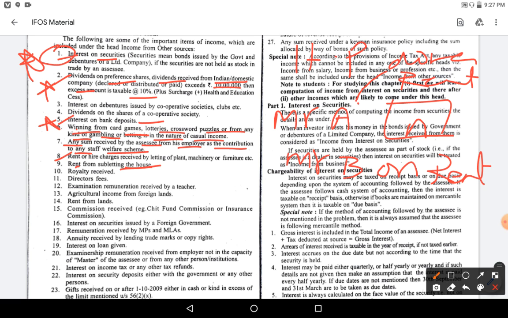So whatever rent is received by A from B is taxable under the head house property. B is using only 50% of the house and the remaining 50% B has given to C. B gave it to C, so who will C pay rent to?